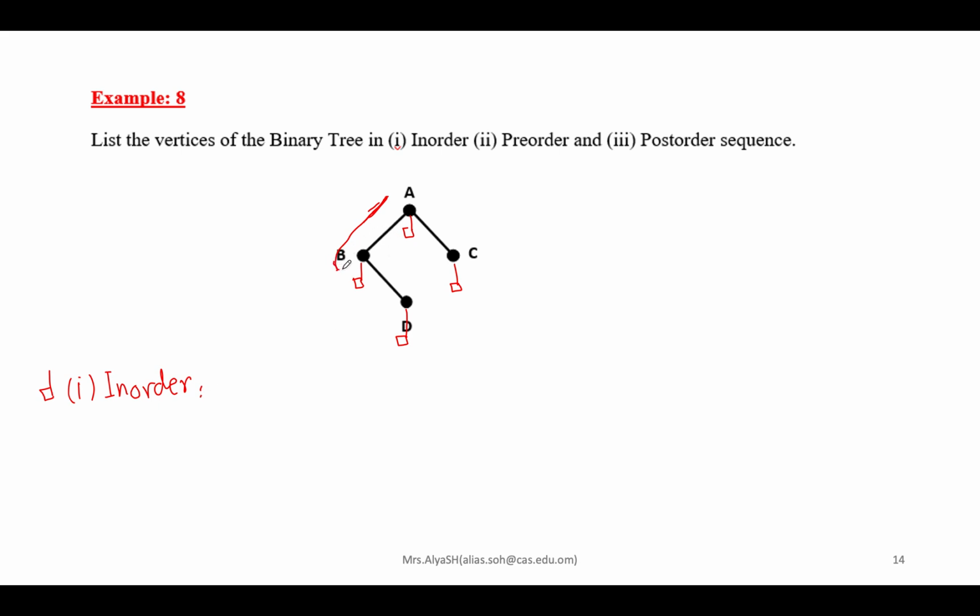So if we go like this, we first hit B. Then we continue, then we hit D, then we hit A, and then C. Now the in order traversal for this tree is B, D, A, C. Or we can have it as left, root, right.